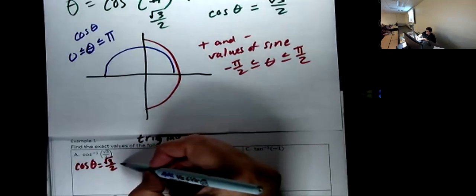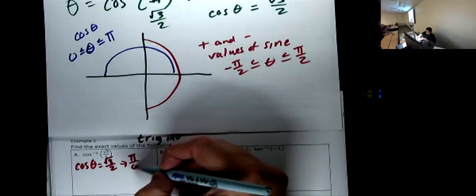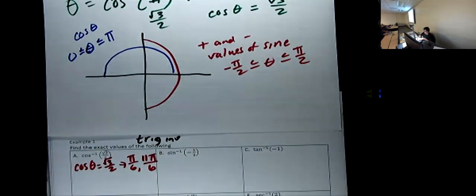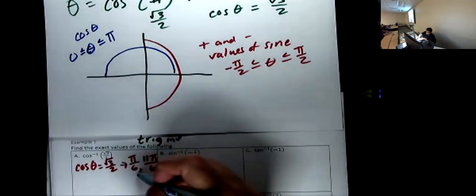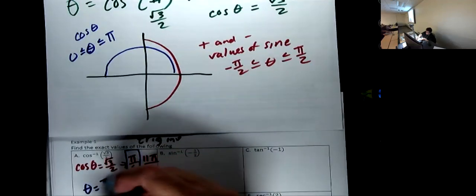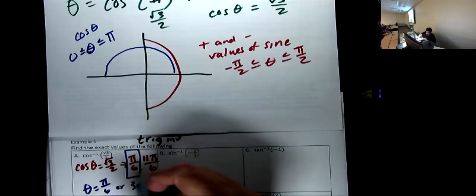For normal cosine theta, this is pi over 6 and 11 pi over 6 as you go around the circle. But cosine inverse is restricted, so we're restricted to just that one. So this will be theta equals pi over 6 or 30 degrees.